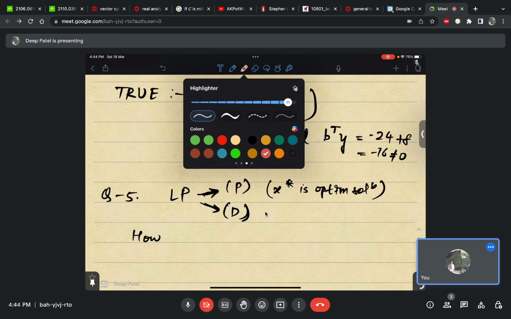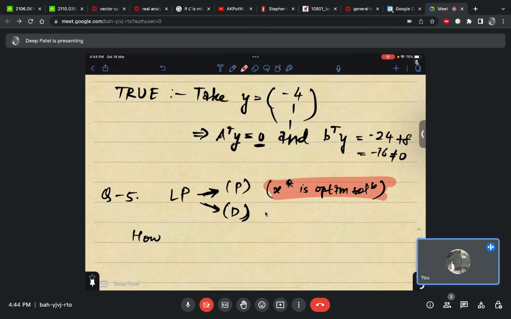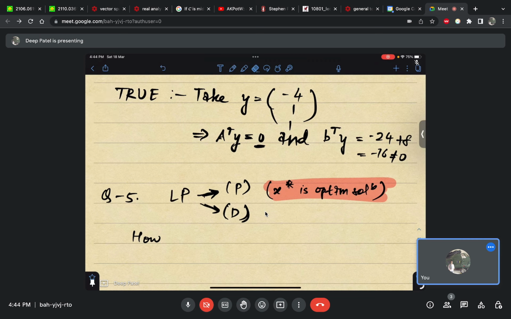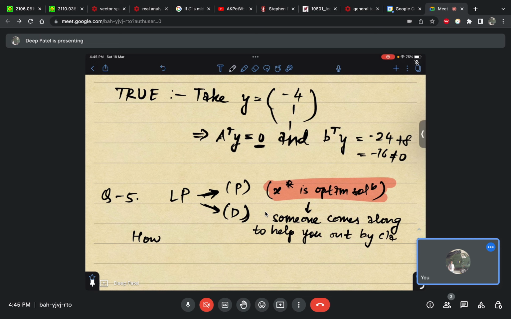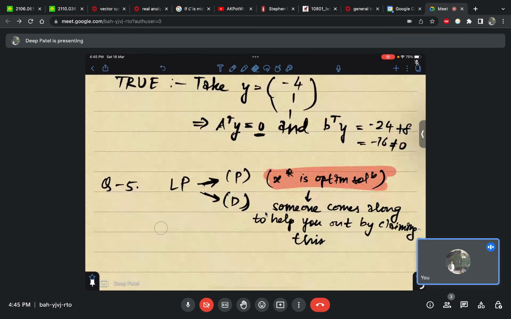Let's say someone comes along to help you out, this LP is a very difficult problem, you are not able to solve it, and they claim that X star is the optimal solution. So how do we check whether their claim is correct or not?